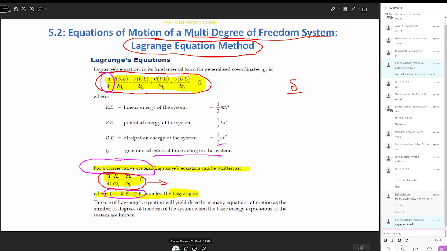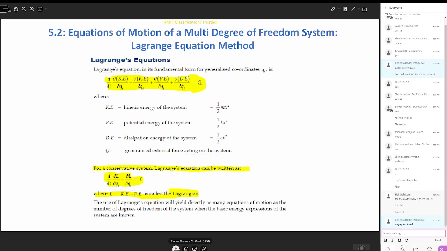We apply the first equation when we have the dissipation energy. Otherwise, if you don't have dissipation energy, the condition should be that it is a conservative system. Then you can apply the Lagrangian L, Ke minus Pe. Basically, Lagrange's method is an energy method, but it involves application of partial differentiation. I'll try to explain these equations with the following examples.